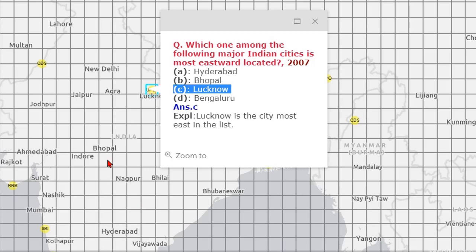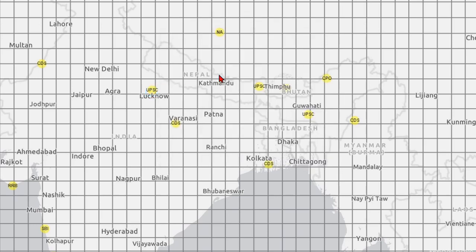Similarly, Bhopal is also towards the west, and Bangalore is also towards the west. So the most eastern city is Lucknow. They can change the name of the place, but you have to keep in mind direction-based MCQs. You have to see all the cities, which one is towards the west and which one is towards the east side.